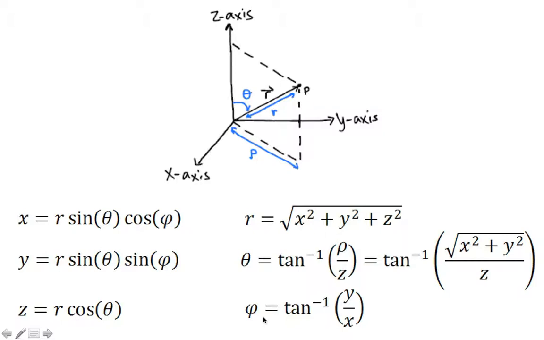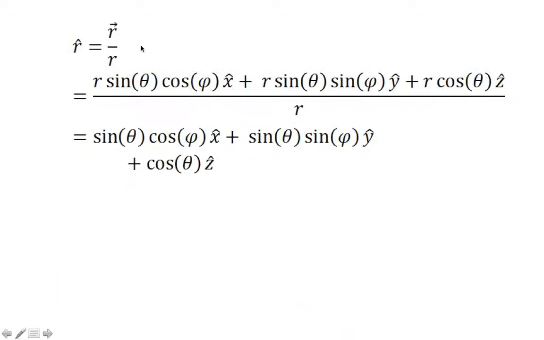Using these coordinates, we can now define our unit vectors r hat, phi hat, and theta hat. R hat is of course defined by taking the displacement vector and dividing it by the magnitude. We know that the displacement vector is just r sine theta cosine phi x hat plus r sine theta sine phi y hat plus r cosine theta z hat.